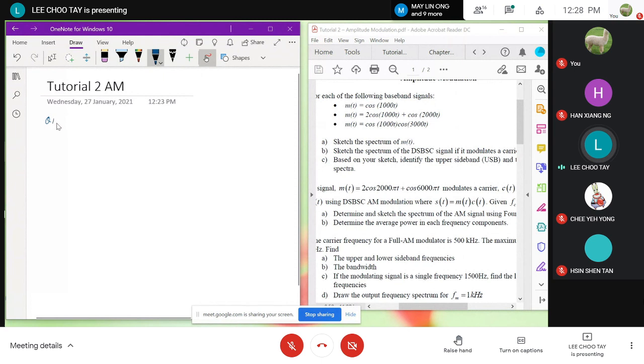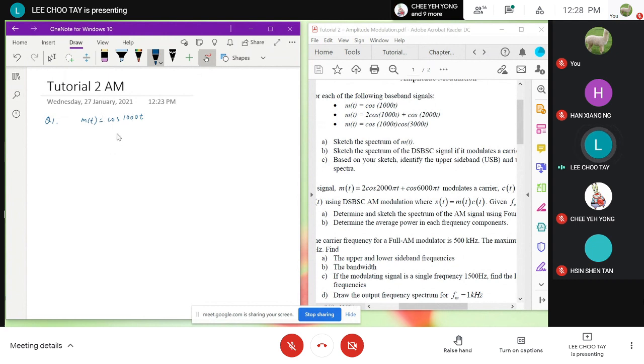The first baseband signal, m(t), is equal to cos 1000t. To sketch the spectrum, you need to find the Fourier transform of m(t).